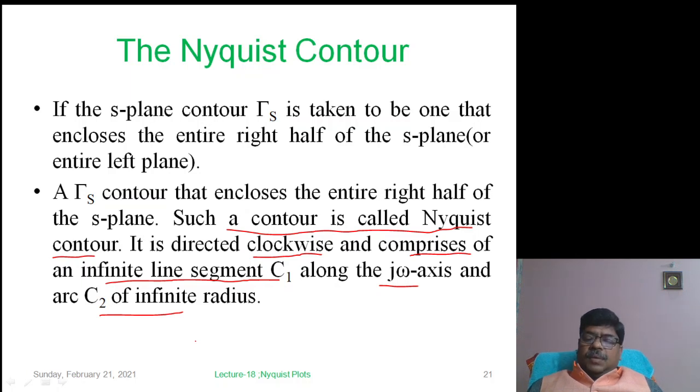Important is why we learn the Nyquist contour: because this is the base of the development of the Nyquist plot.